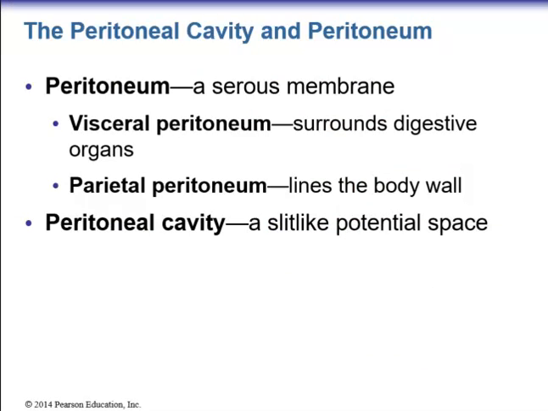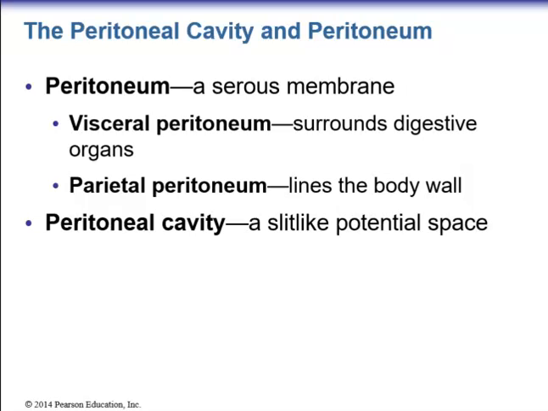So the peritoneum, again, is a serous membrane, just like we have the pericardium in the heart and the pleura with the lungs. So we have the visceral peritoneum. This is the part of the peritoneum, or that layer, that surrounds and adheres to the digestive system organs. And then we have the parietal peritoneum. This is the part of the peritoneum that will line the body wall.